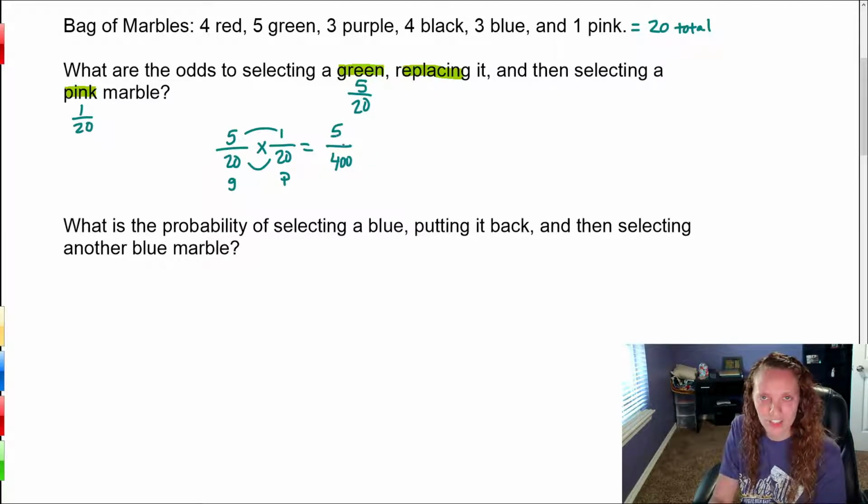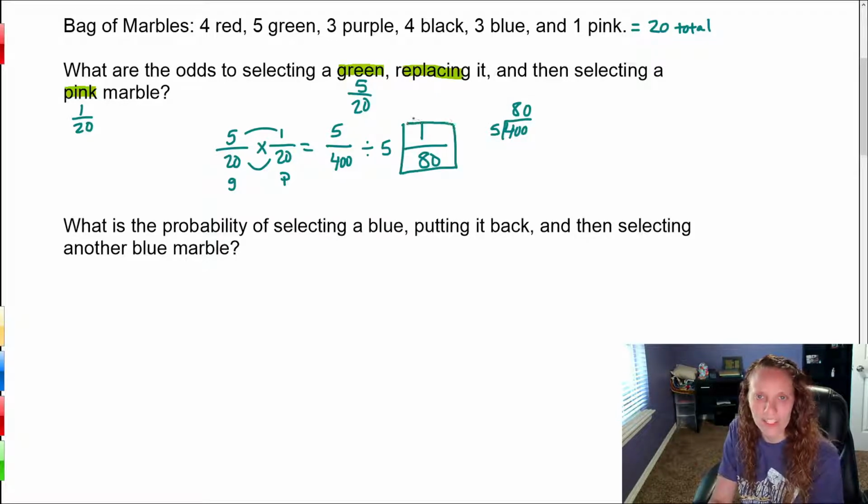This 5 is just a 5, and then the 400 ends in a 0, meaning that both are divisible by 5. 5 divided by 5 is 1. 400 divided by 5, let's see. 5 goes into 40 8 times and bring down the last 0. So our odds of this happening, of selecting a green, putting it back, and then selecting a pink, is 1 over 80.